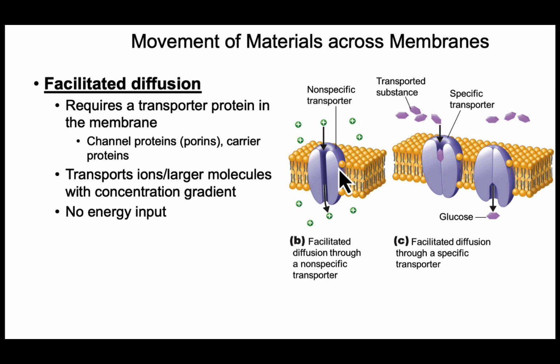Now these proteins can be non-specific, like a pore, where the ion can go in the pore, or they can be a little bit more specific, like the glucose transporter, so the glucose can get in and then be used inside the cell. But again, this also works with the concentration gradient. There are more ions on the outside, so ions can come in. There's more glucose on the outside, so glucose can come in. It doesn't require any energy because they're moving with the gradient.